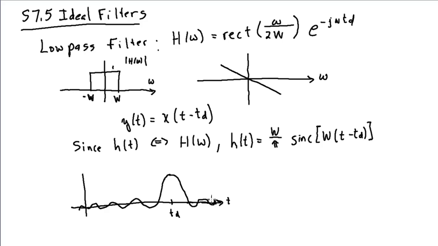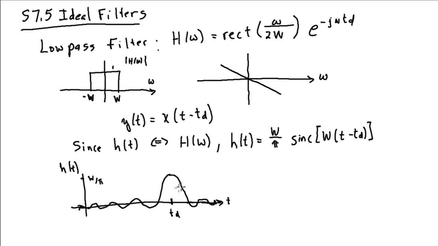It would have a height of W over pi. So this is the impulse response of this ideal filter. One thing to notice is that even though these lobes get smaller and smaller in amplitude, the farther we get away from the peak of the sinc, they do go on forever.